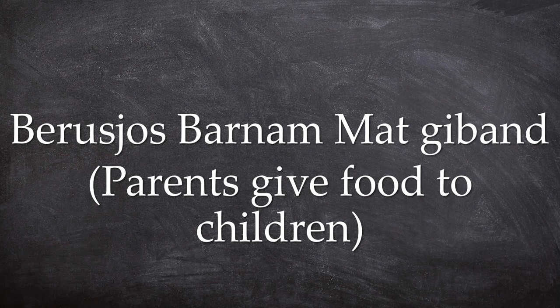Pretty simple. And we can tell that it's the parents that are giving the food because they are in the nominative plural. They're in the nominative case, meaning that they're the subject. They're the ones doing the action. So we can put it anywhere. We can put it at the beginning or at the end, and it's still associated with the verb, which is all the way at the end.